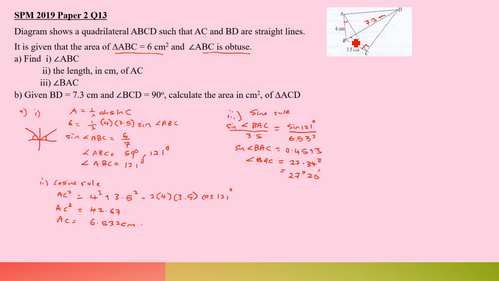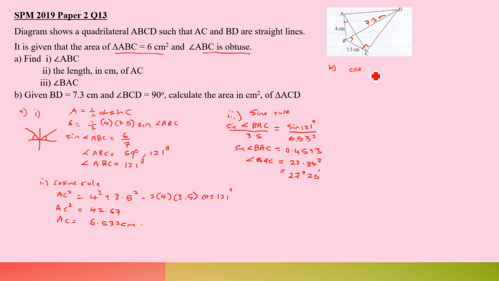This angle, I'll just name it CBD. How to find this? Using not the cosine rule, but your normal cos, sine or tangent, using opposite, hypotenuse and adjacent.